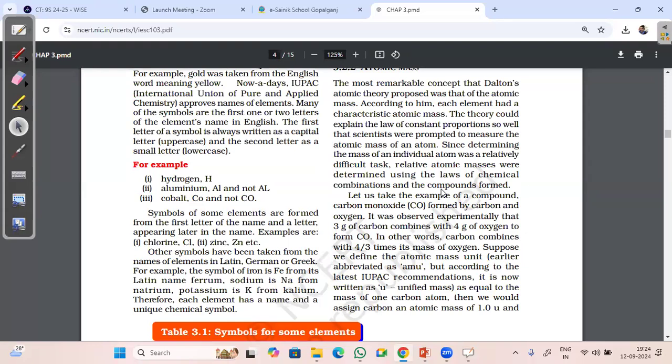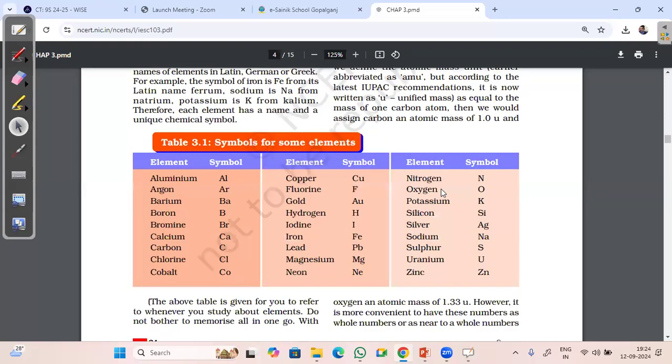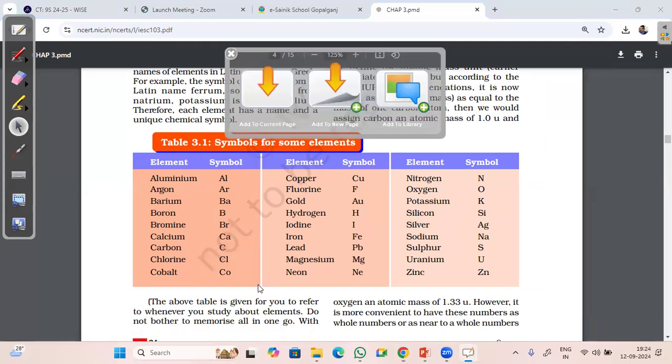We'll just see the different symbols here. The symbols given are aluminium Al, argon Ar, barium Ba. I just want you to read the names like this. I want all of you to read the names like this.